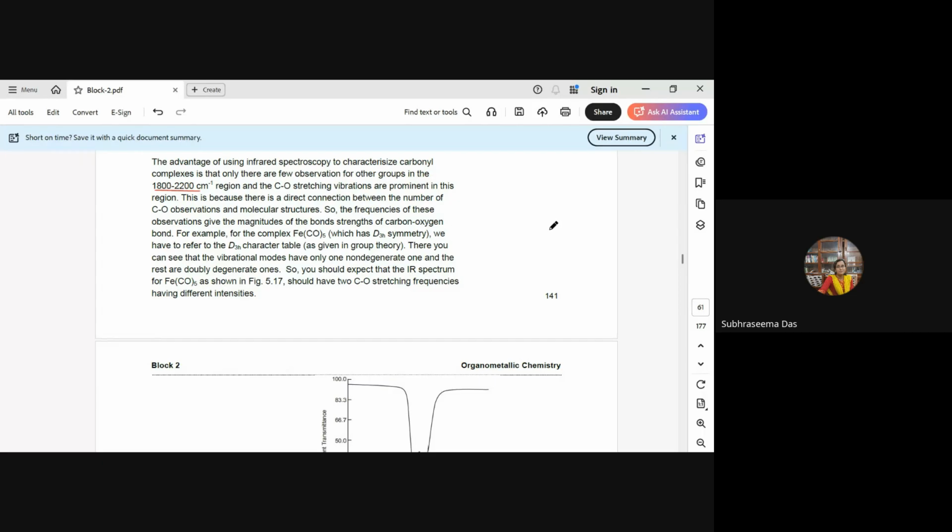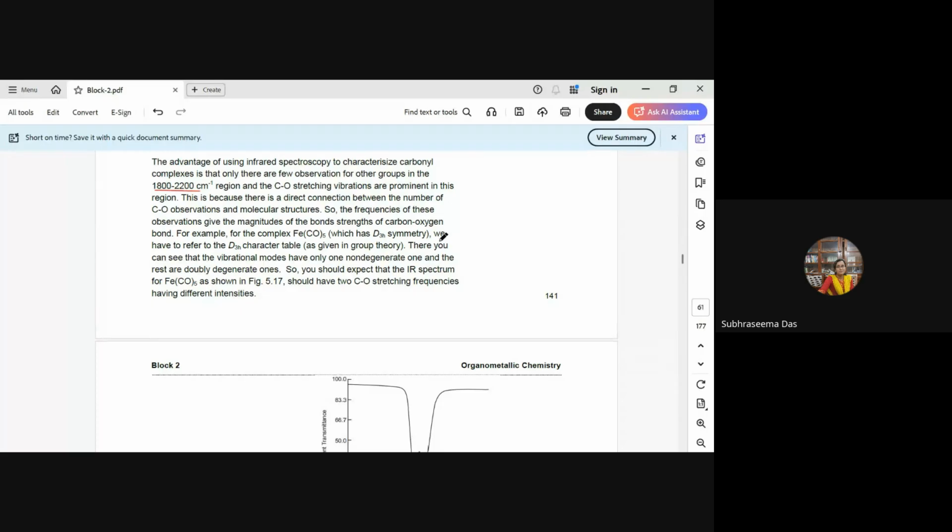In this region from 2100 to 1700, there is no interference from any other organic groups, and any type of carbonyl stretching can be observed in this particular wave number region. That is why IR serves as a very important tool for the identification of the bonding or the geometry of the metal carbonyls.